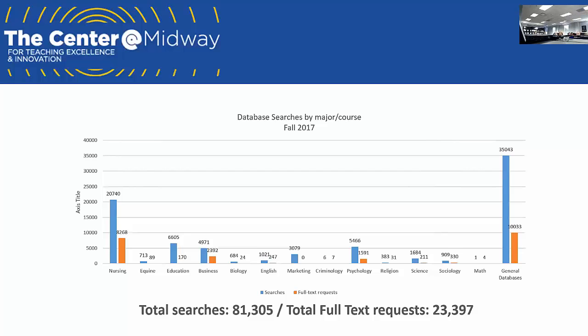Jeremy and I are trained in teaching information literacy. Just like you are experts in the field that you teach, Jeremy and I are experts at teaching information literacy. We know how to show students how to translate their research topic into search terms.